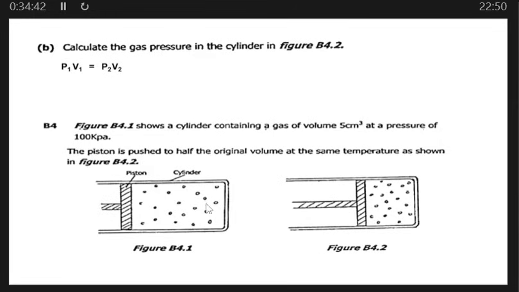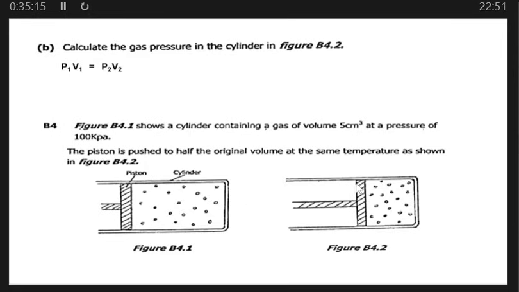So the pressure in this diagram times the volume in this diagram should be equal to the pressure in this diagram times the volume in this diagram. We know already that in figure B4.1, the volume is 5 cubic centimeters and the pressure is 100 kilopascal.